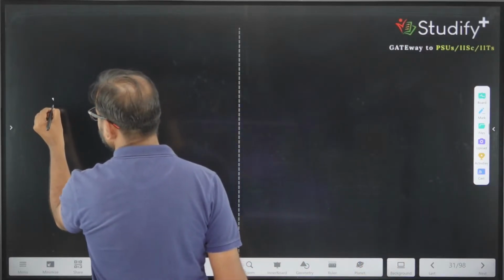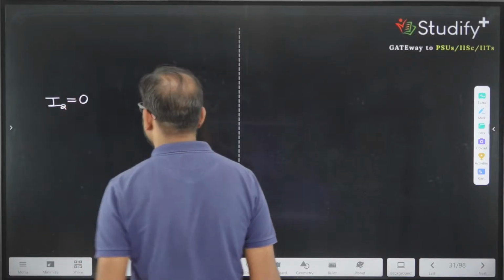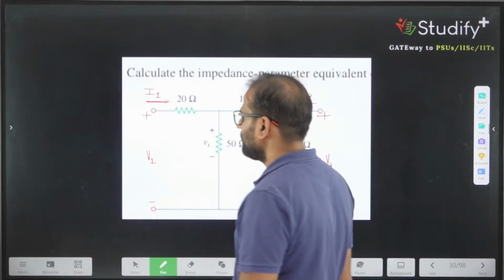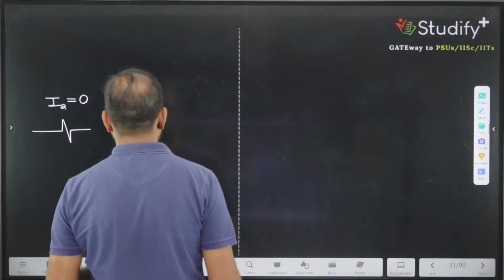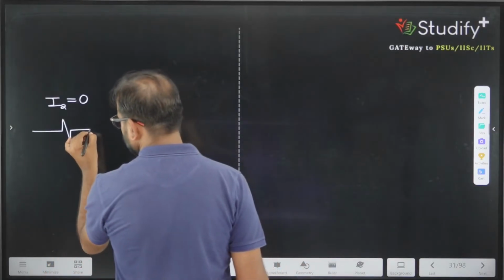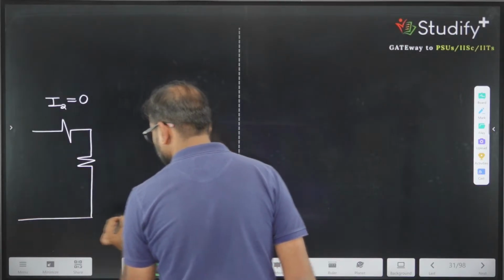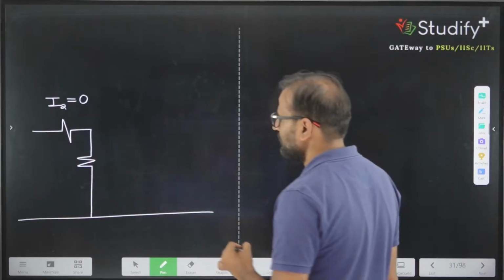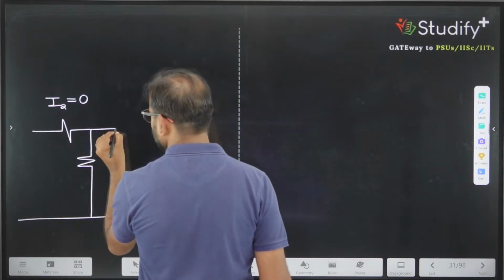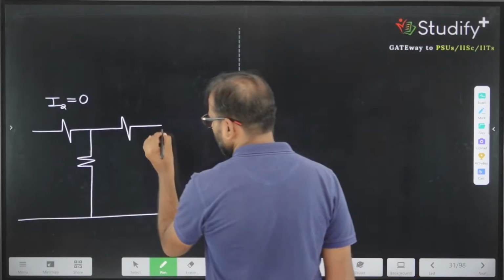So if I make I2 equal to 0, how does my network look? So this is 20 ohm, 50 ohm, 100 ohm. Then we have 60 ohm.